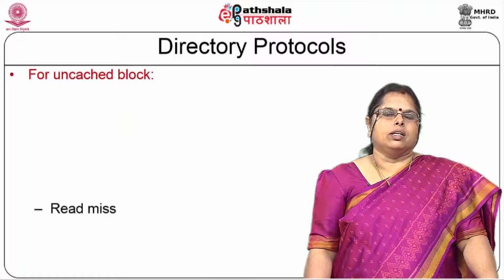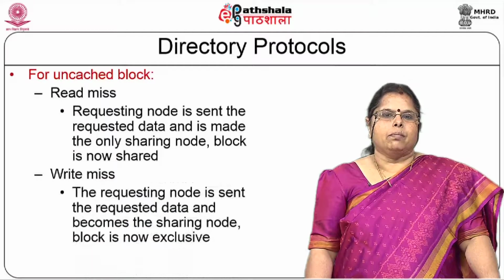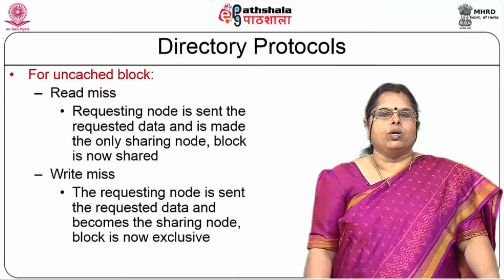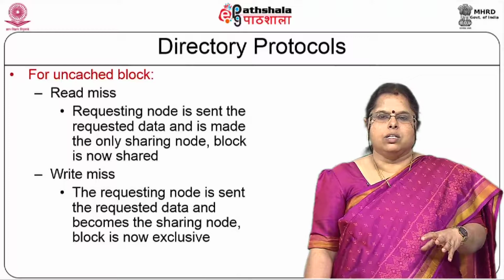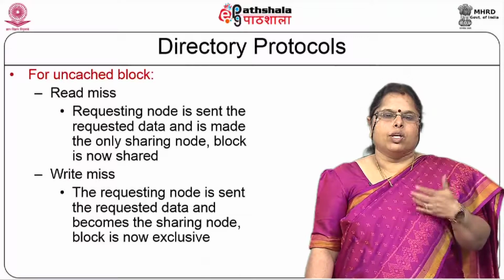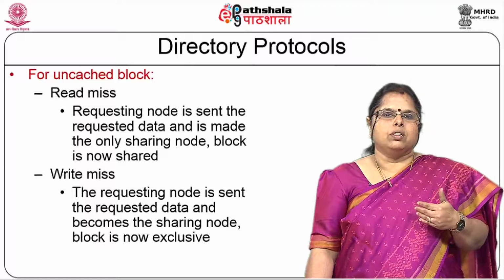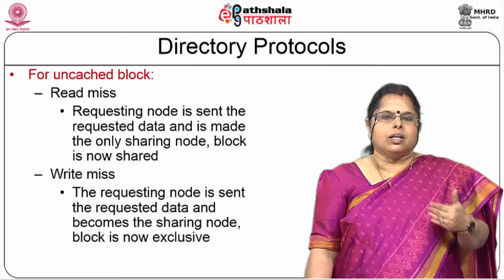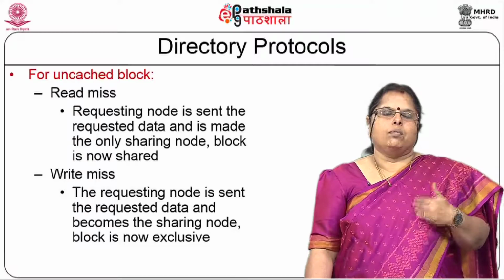So, if you look at the directory based protocols, to summarize the discussions we had: for an uncached block you might have only a read miss or a write miss, because the block is after all uncached. So, it cannot be a hit. It can only be a read miss or a write miss. If it is a read miss, the requesting node is sent the requested data and it is made the only sharing node, and the block is now shared.